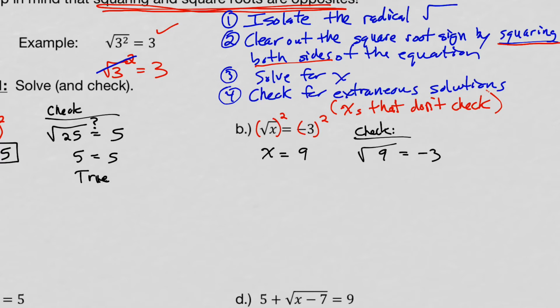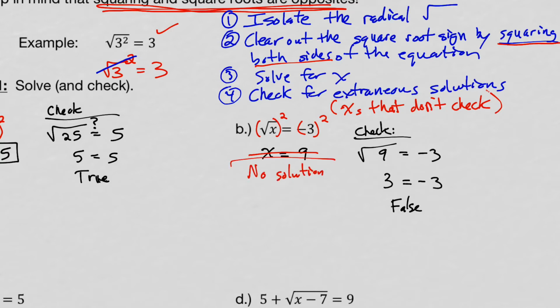Of course it does not, because we get +3 on the left. So this is a false statement. Once you get a false statement after you do your check, that means we do not box this. This is not a solution. There is no solution.